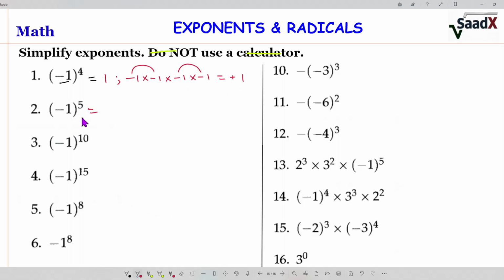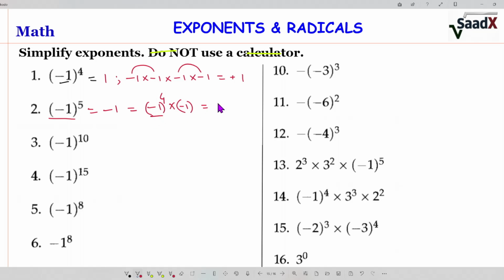Next one. Here is negative 1 to the power 5. The answer will be minus 1. Just look at the previous one: minus 1 to the power 4 times minus 1 will be minus 1 to the power 5. So minus 1 to the power 4, or any kind of even power, the sign will be positive. It means plus.